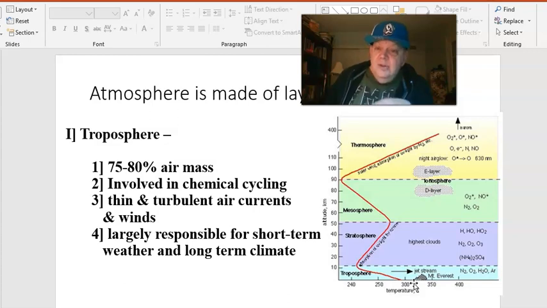But it is there in the troposphere that we have wind, we have thin and turbulent air currents, and it's pretty much responsible for our short term weather and long term climate. That's pretty much where our weather happens, in the troposphere, which is the absolute lowest.